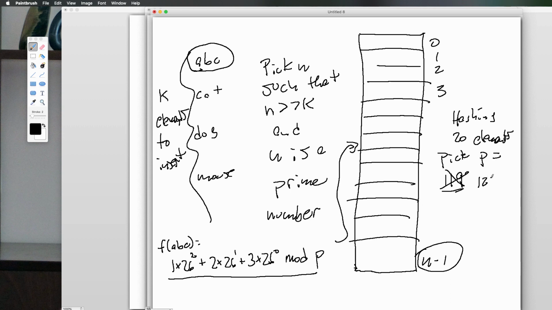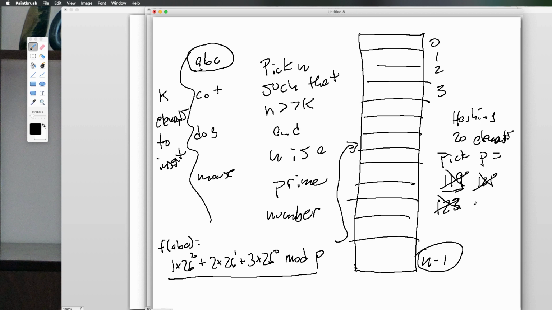Is 121 a prime? So 3 doesn't go into that, 5 doesn't go into that, 7 doesn't go into that. 11 times 11 is 121. That doesn't work. What about 123? 3 divides 123.